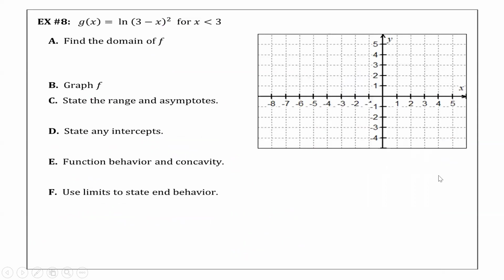All right, last example, right? So our last example, we have natural log of (x minus 3) squared for x is less than 3. Okay. Notice here that this is 3 minus x. That 3 minus x lets us know that our x is negative.